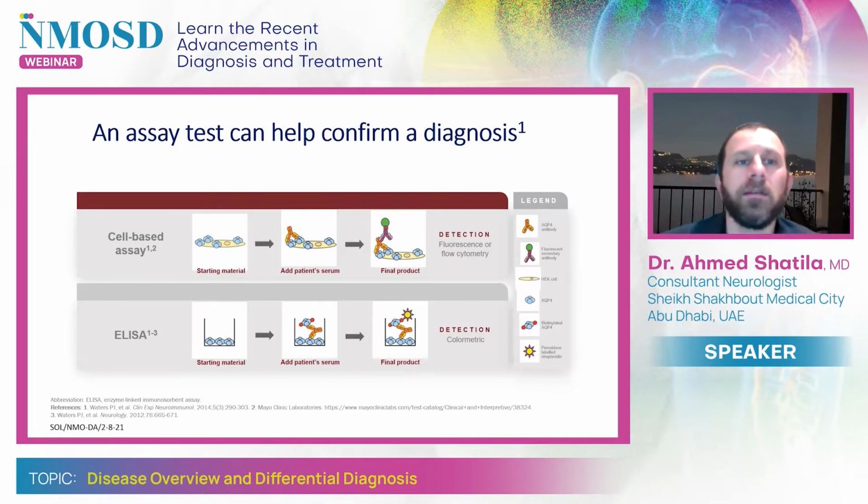So that's one thing you need to keep in mind: if you do the AQP4 test and it's negative, check what assay they did. If it's the ELISA, do the cell-based. If it's a cell-based, it may even be prudent to repeat it in a couple months because sometimes it can be negative, and after repeated attempts, it can be positive.